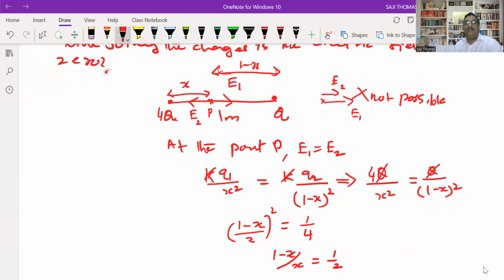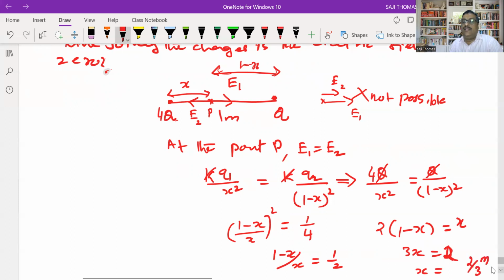So you can cross multiply now. 2 into (1 minus x) is equal to x. So 3x is equal to 2 here. So x is equal to 2 by 3 meter.